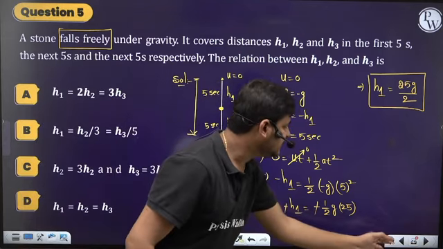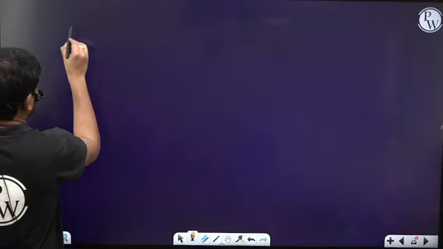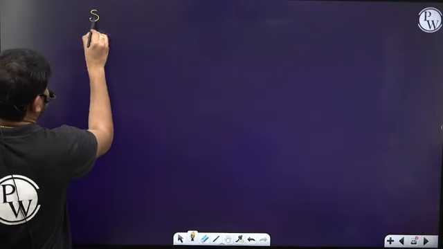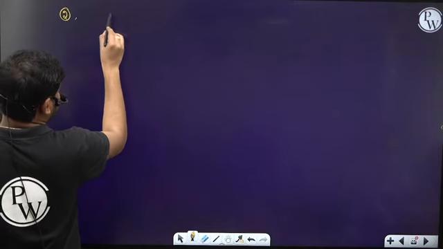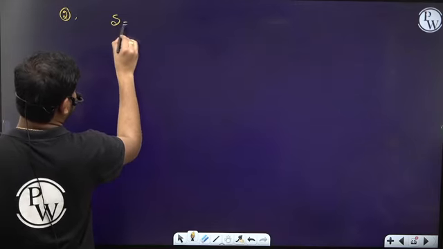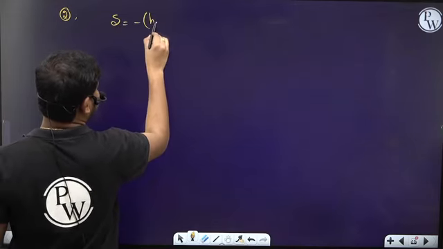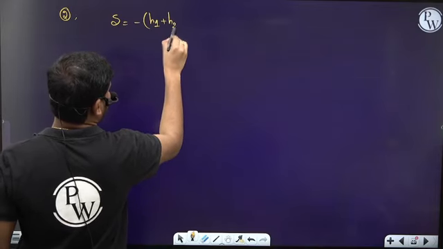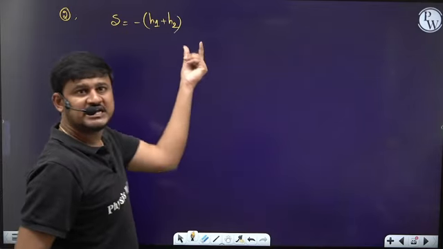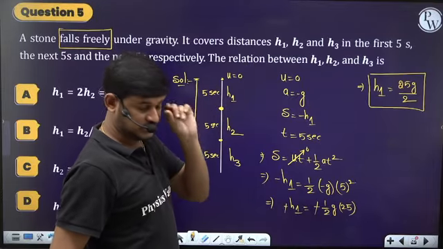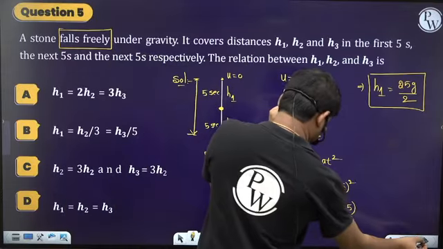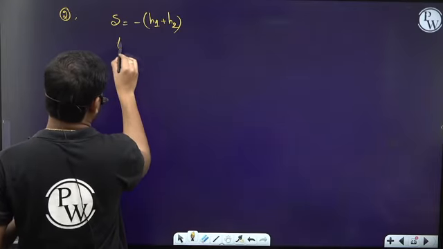So let's write. In the second case, the distance covered will be equal to minus of H1 plus H2. Why minus? Because the initial position is above the final position. Right? Then how much time is it taking for this distance?